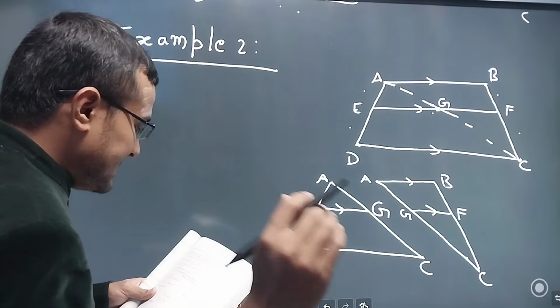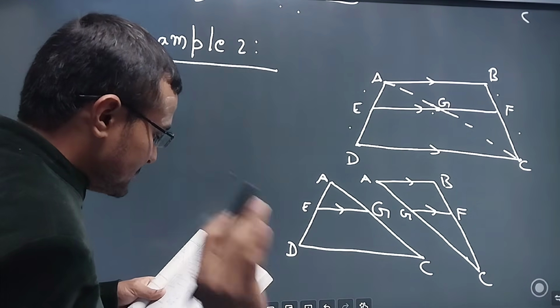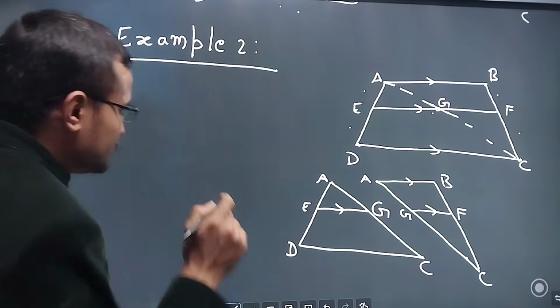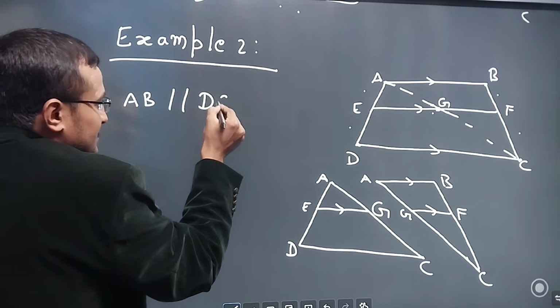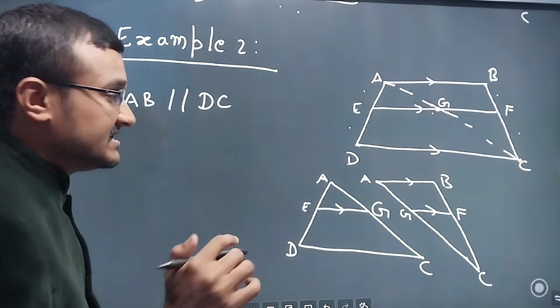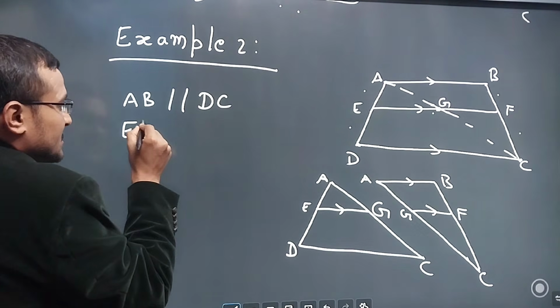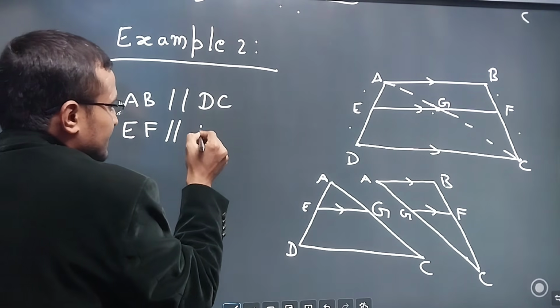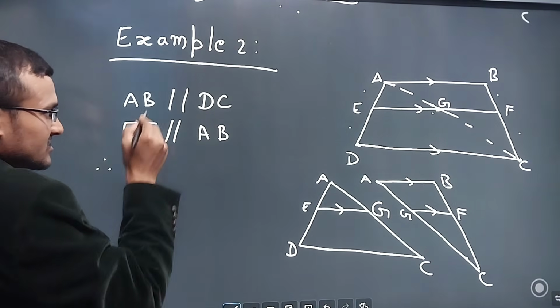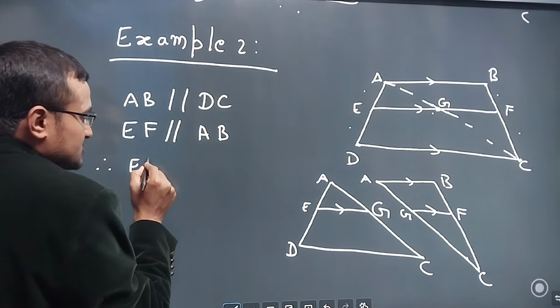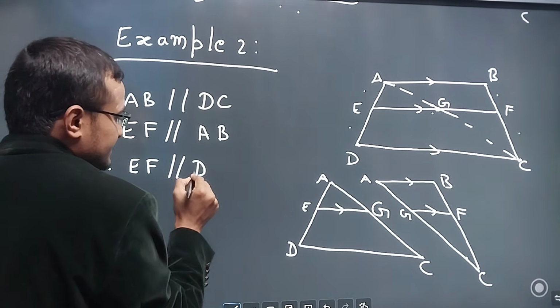What they have given is AB is parallel to DC, and they have also given EF is parallel to AB. Therefore, EF is also parallel to DC.